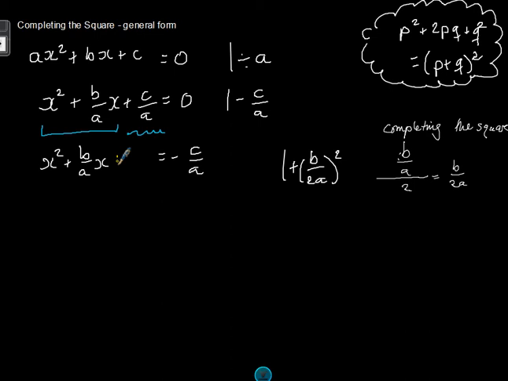So let's add b over 2a squared to both sides. On the left-hand side, I am now able to factorize. And it's going to give me this.